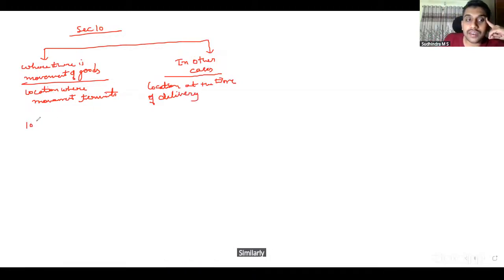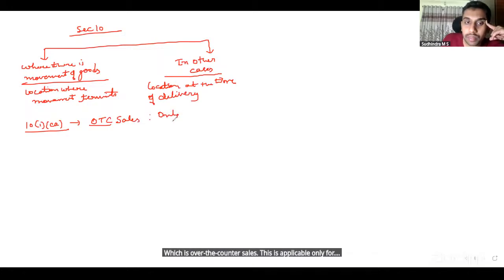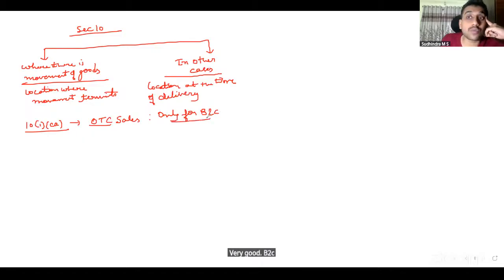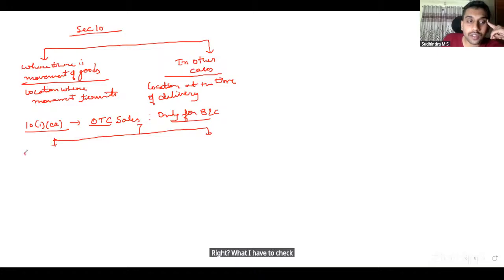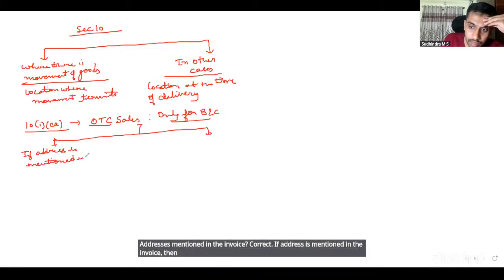Similarly, we had 10(1)(ca), which is over the counter sales. This is applicable only for B2C supplies. In case of B2C supplies, what I have to check is whether the name of the state or address is mentioned in the invoice. If the address is mentioned in the invoice, then it is the location of the recipient.